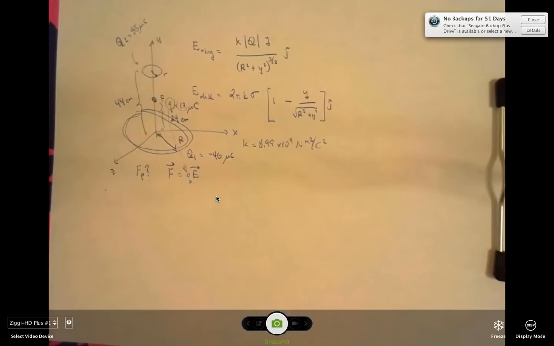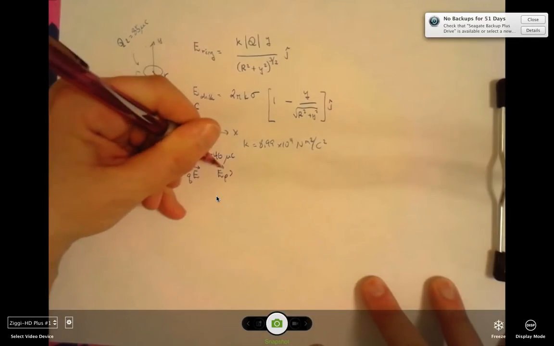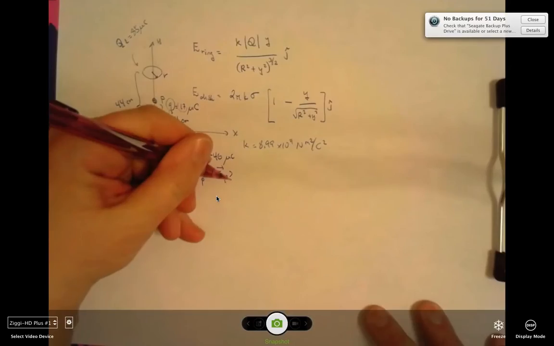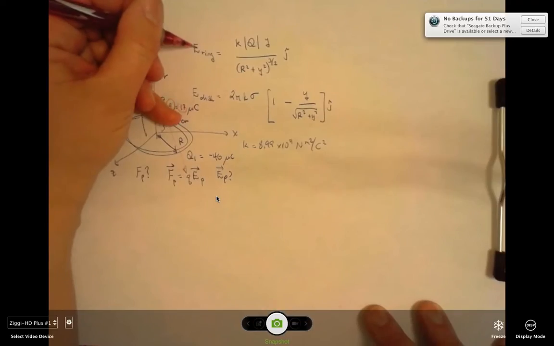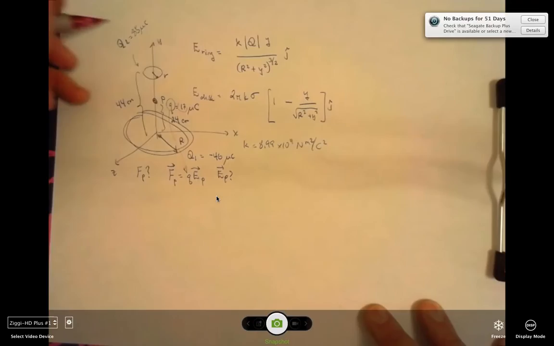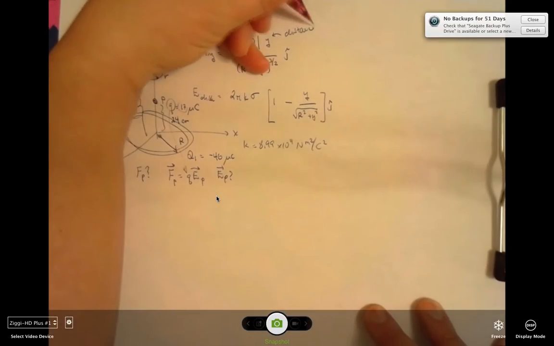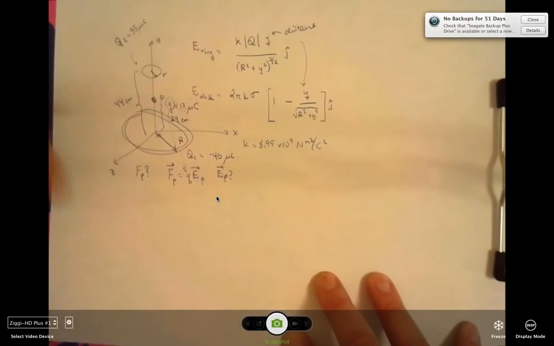So what we really want to find is the electric field at P. So the force on P is the Q times the electric field on P. So the electric field at P is basically this equation plus however far away you are from these things, which I believe is the y. So this is your distance that you're going in each case. That one and that one.